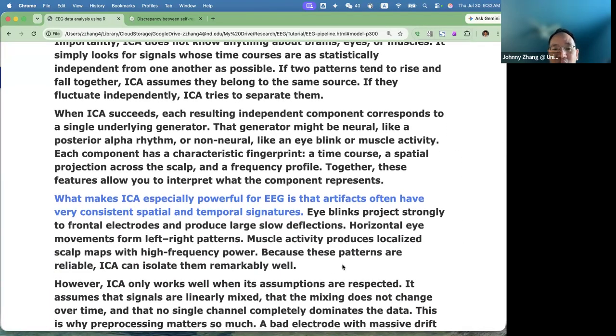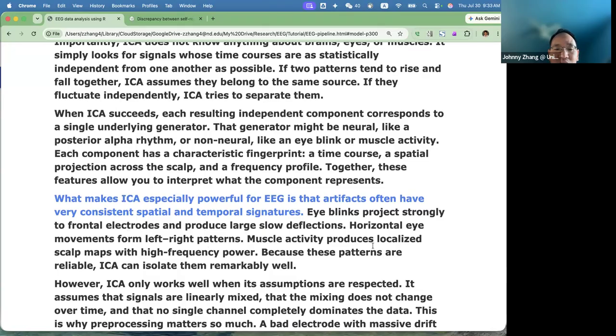So ICA is particularly useful for EEG data analysis. The reason is that in EEG data analysis, each source signal may have very clear patterns. For example, an eye blink shows strong links with the activity in the frontal area of your brain, right?